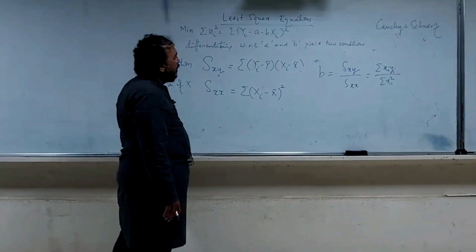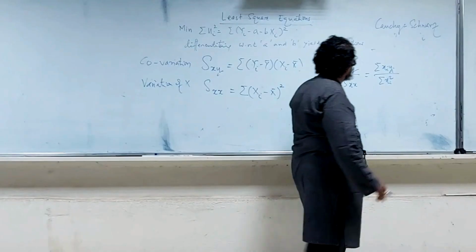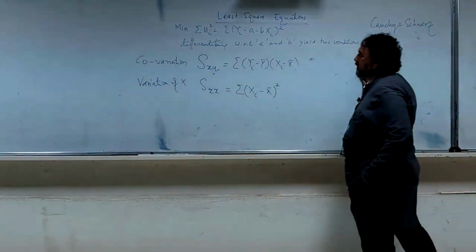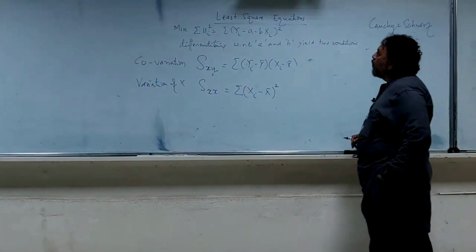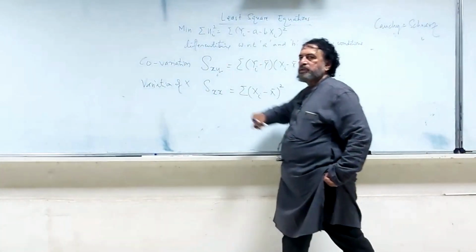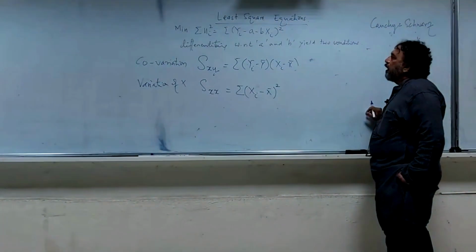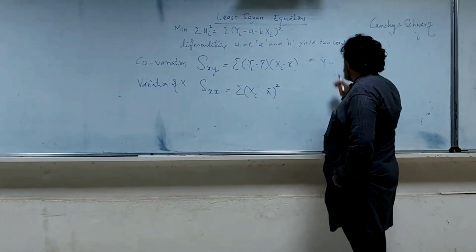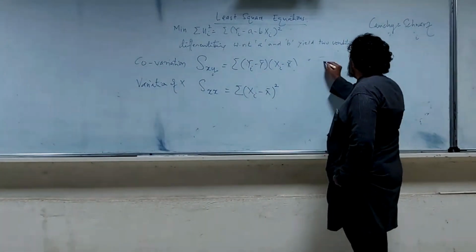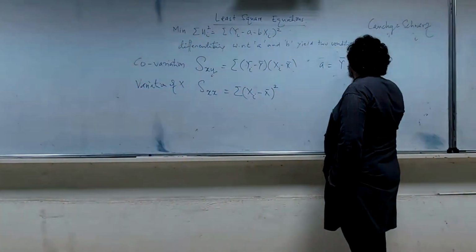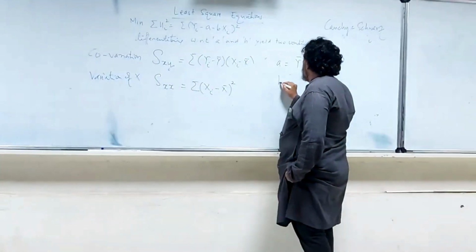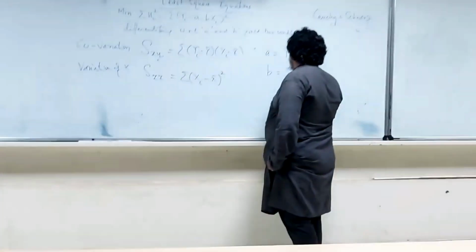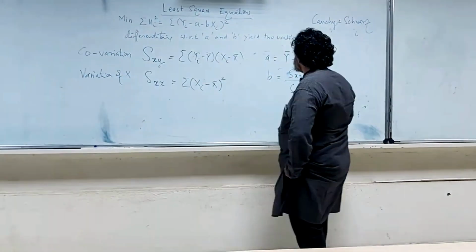Okay. Now let's see what it really means. So having defined these quantities, let us now look at what we really get as the minimized summation ui square. That means my way of estimating A is going to be y bar minus b times x bar, with b equal to S of xy divided by S of xx.